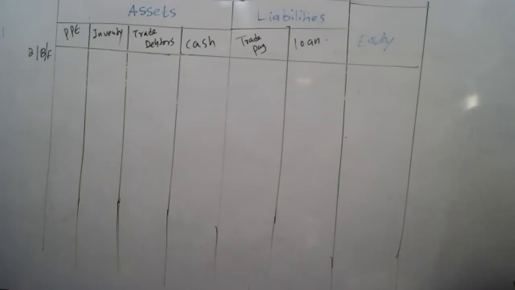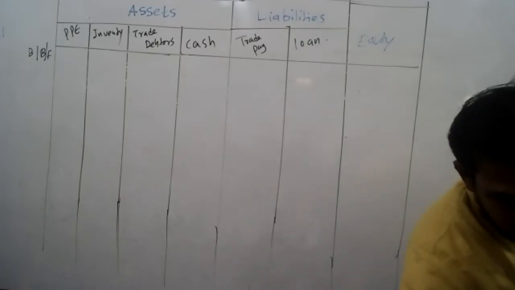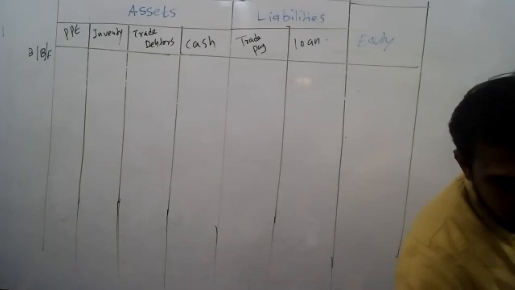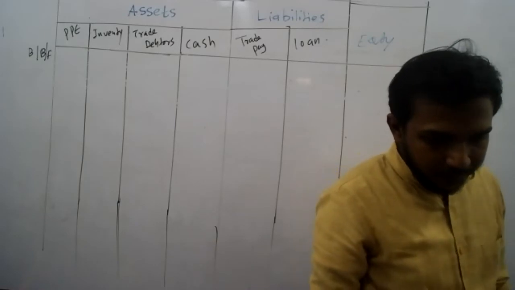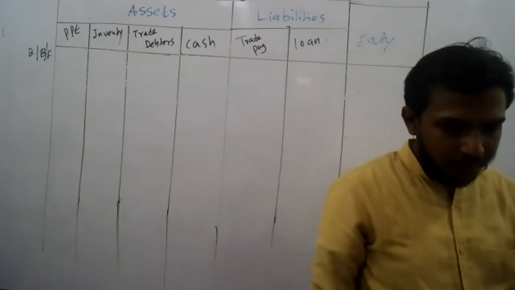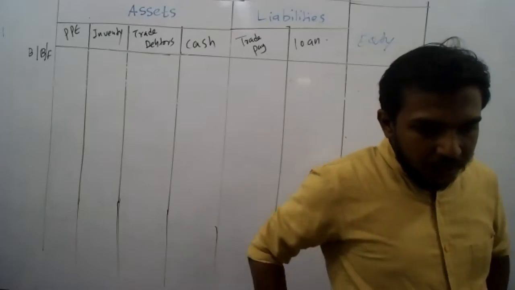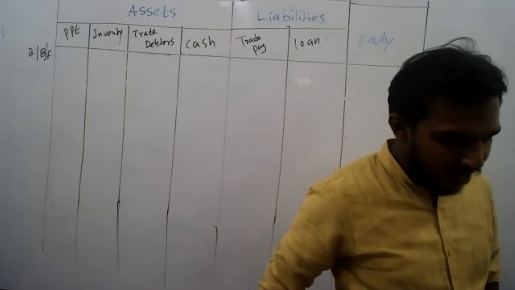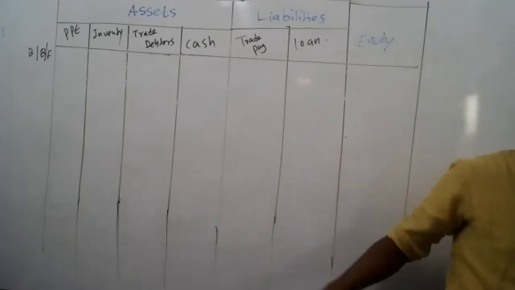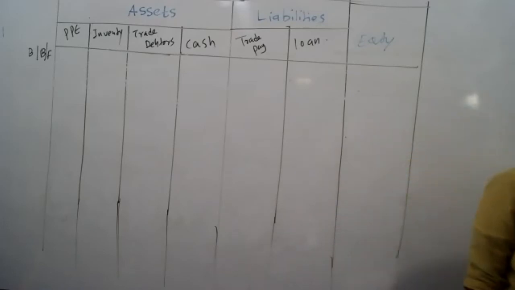Then try for the opening balance. We are at 2015 A level question number 3. Have the format and try for the opening balance.